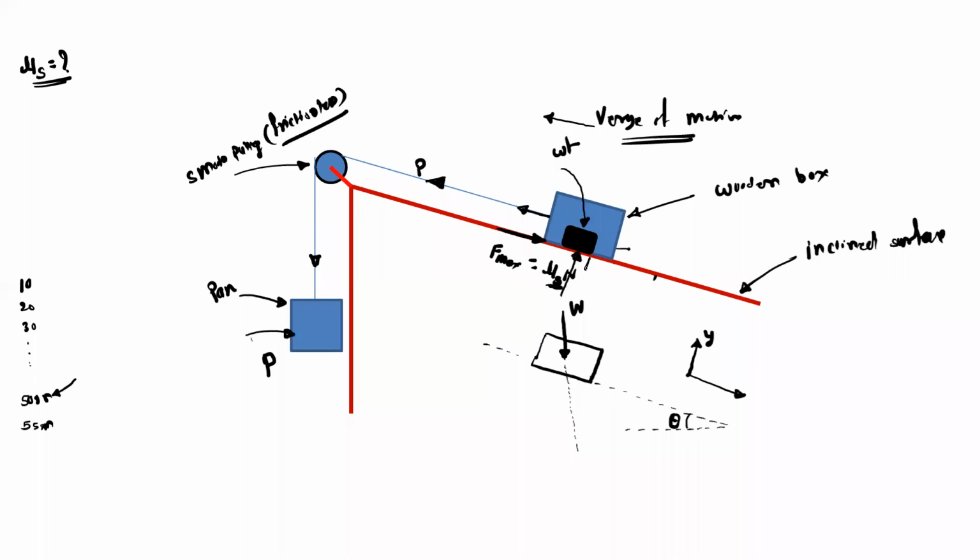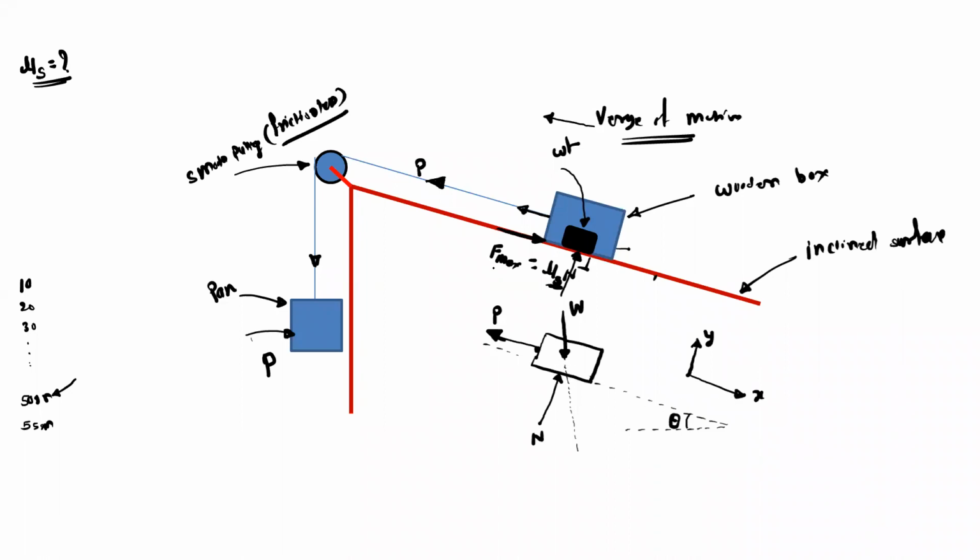It is exactly perpendicular to the contact surface. So this is your normal reaction. Now this is the external force P, which is the tension in the string. This force P is exactly parallel to this inclined plane, or it is along the x direction.